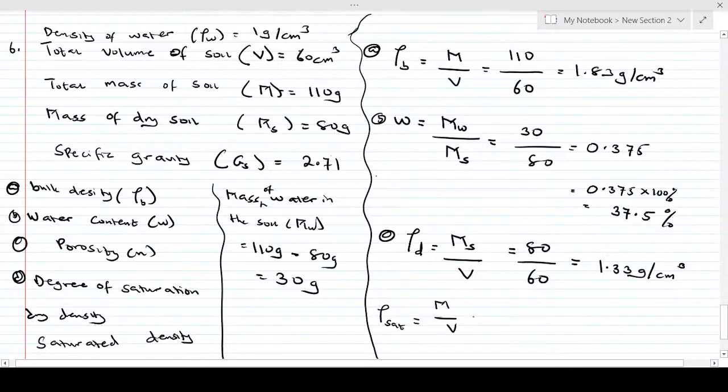But in here, we are going to use this formula: the specific gravity of the soil times the density of water, plus the void ratio multiplied by the density of water, all divided by 1 plus the void ratio. E here is the void ratio. Take note of that. So this is the formula we are going to use.